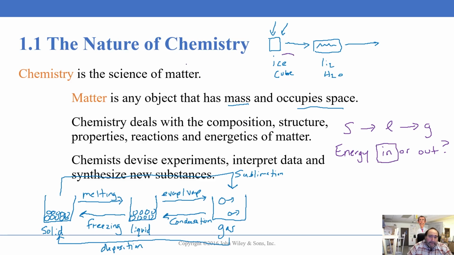So if we go back up here, for example, to our ice cube example, which is obviously in the solid state going to our liquid state and so forth, the ice cube picks up heat and energy from the surroundings, which means energy gets put in. And if we took our liquid water and put it up on the stove to make a little pasta for dinner, we put a fire underneath it.